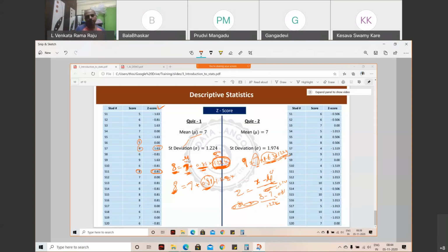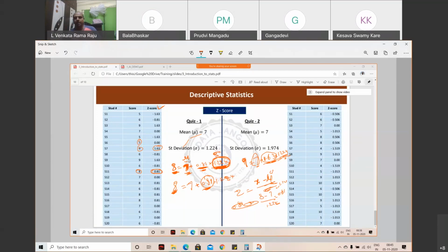Did you get the Z-score point? Tomorrow I'll cover data distributions, and we will understand the Z-score's importance. For normally distributed and non-normally distributed data, Z-scores and standard deviations are going to play a crucial role.